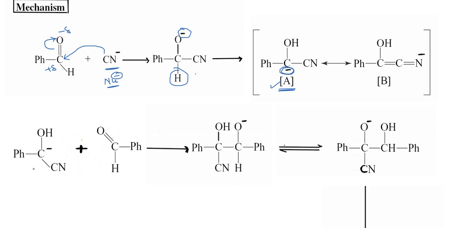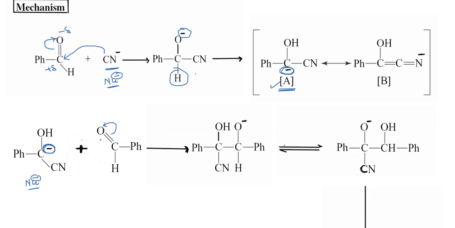Now this will again act as a nucleophile here. Why? Because now this carbon has the negative charge here, so this carbon is now electron rich, so it will act as a nucleophile, and this will react with another molecule of the benzaldehyde by the same process.